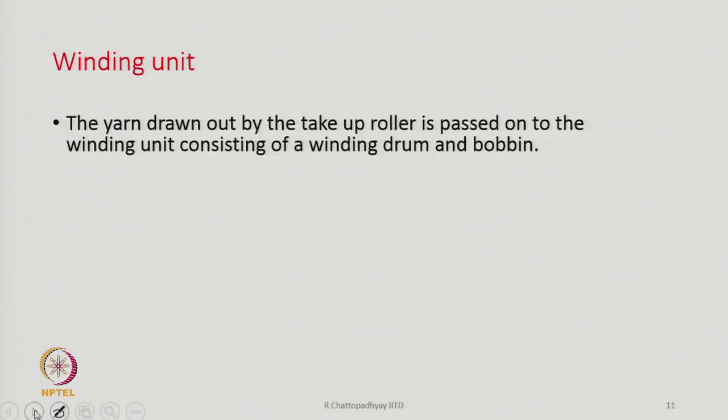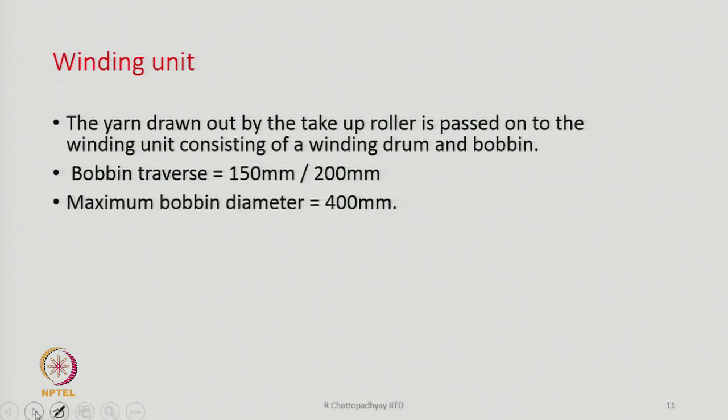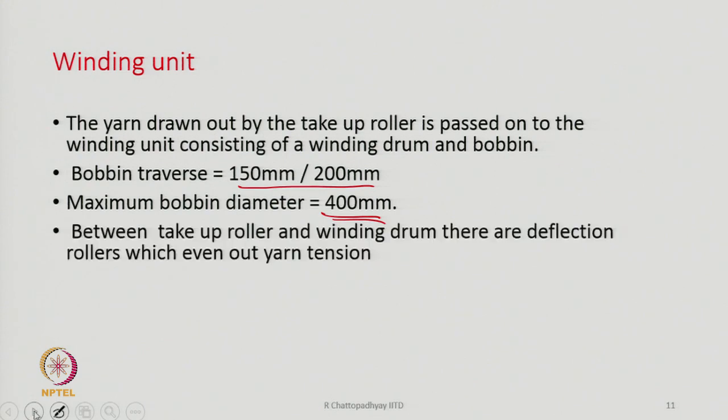The winding unit is exactly similar to the winding units that you have already studied. The bobbin traverse could be 150 to 200 millimeter, and the maximum bobbin diameter could be 400 millimeter. Between the take up roller and winding drum, there are deflection rollers which even out yarn tensions.